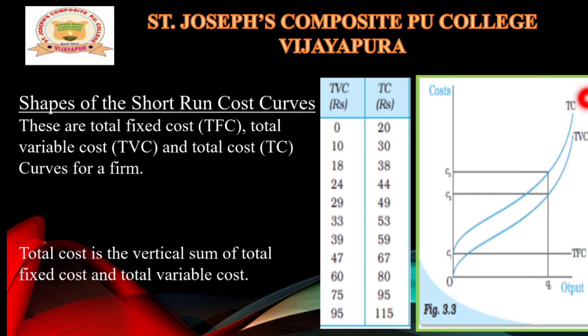The TC curve is above the TVC curve, which means the TC curve is greater than the TVC. Understood? So at the point C1, TC is greater than the TVC. Why? Because as a result of increasing the TVC value, TC will also increase. So this is what we observed in the diagram.